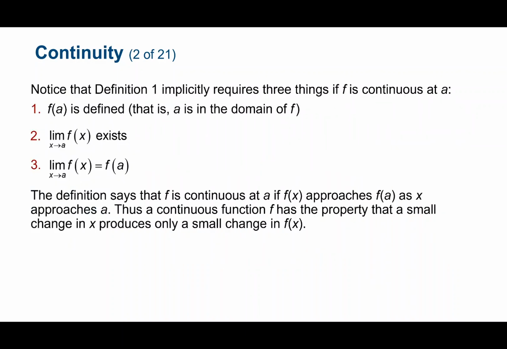Really we have three pieces going on there. Number one, we have an assumption we're making: that the function is defined at a. f of a exists. If a function is not defined at a, then we don't have continuity.